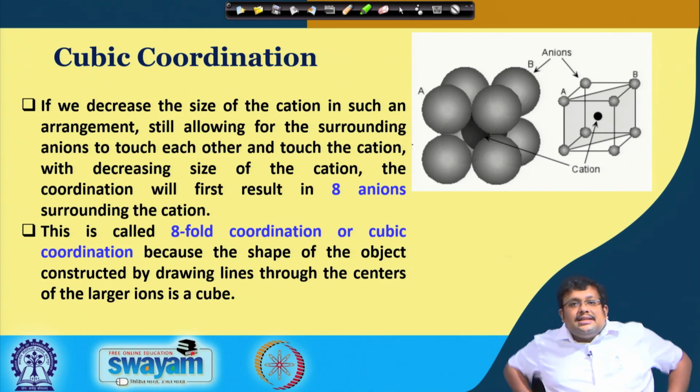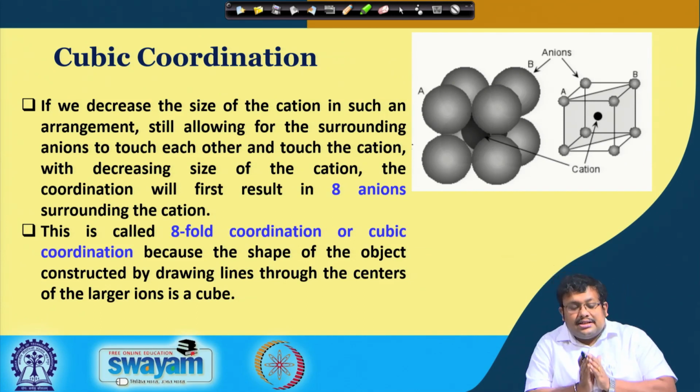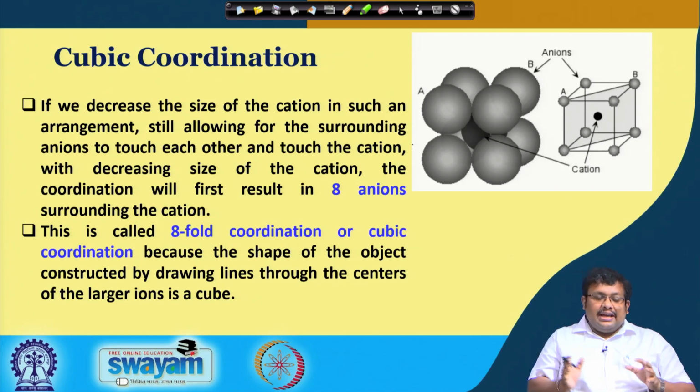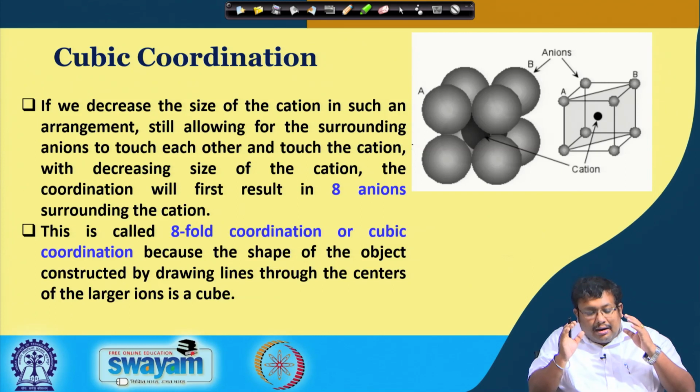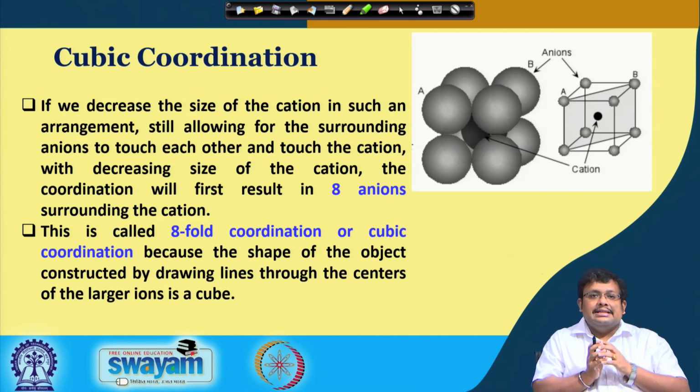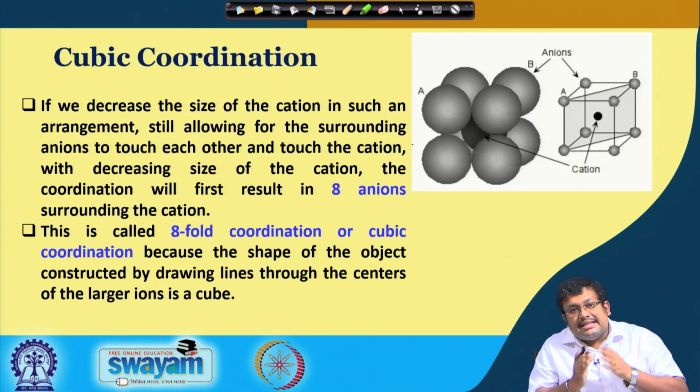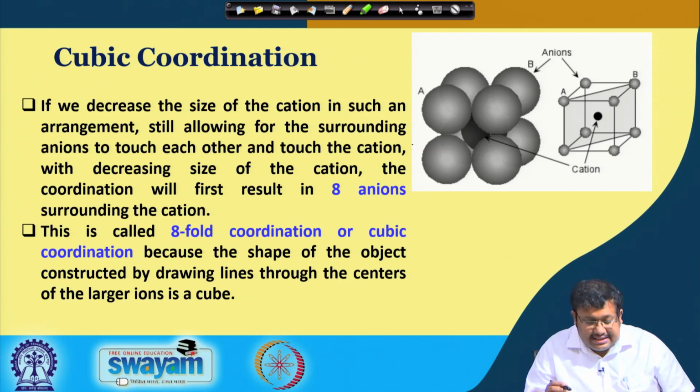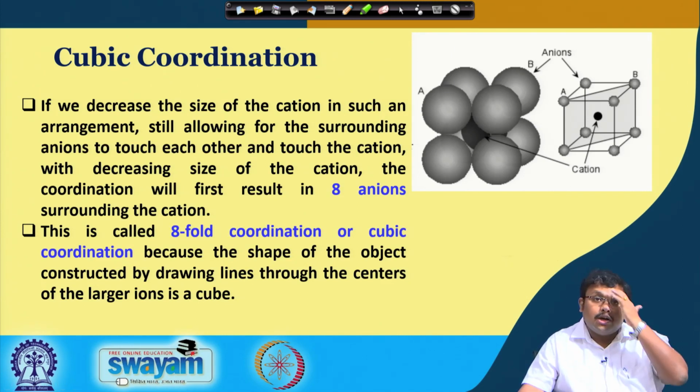If we decrease the size of the cations in such an arrangement, we are still allowing the surrounding anions to touch each other and touch the cation. With decreasing size of the cations, the coordination will first result in 8 surrounding anions. As you can see in this picture, it is quite clear that this cation is basically surrounded by these 8 anions, and this is called an 8-fold coordination or cubic coordination.